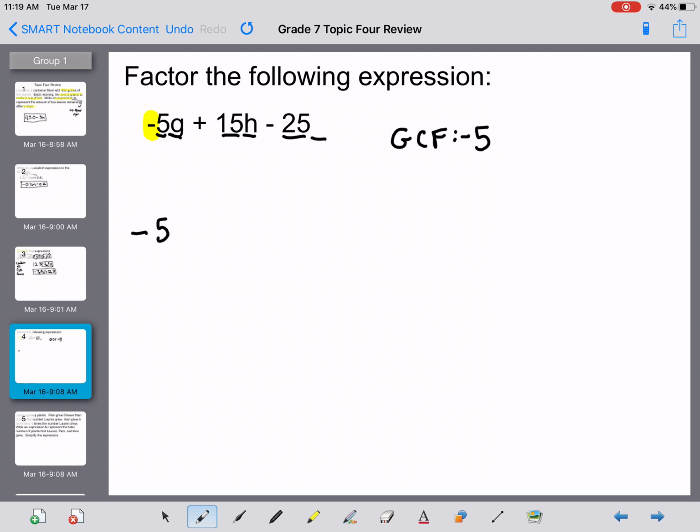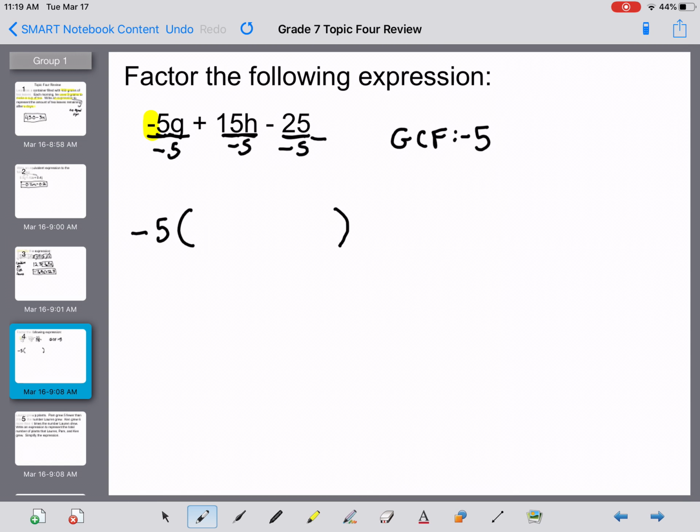That means I'm going to have my negative 5 outside the parentheses, and now I have to determine the terms inside my parentheses. In order to find that, I'm going to divide every term by my GCF, which is negative 5.